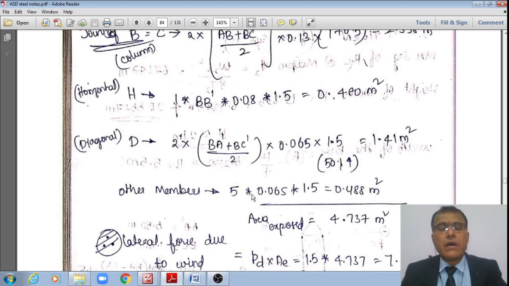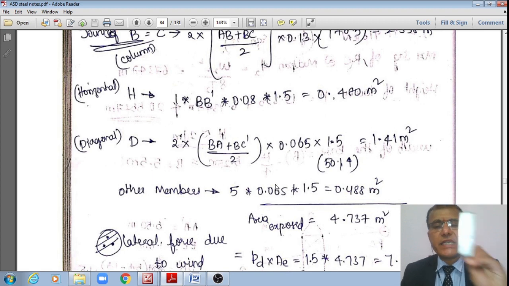Now it is calculated as 5 meters. Therefore its section is ISA 65 by 65 by 6 mm, right? That multiplied by 1.5, that works out, say, 0.488 meter square.